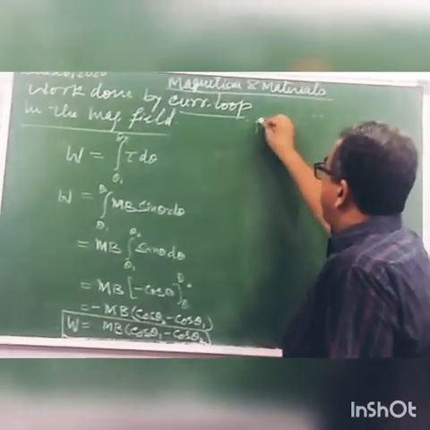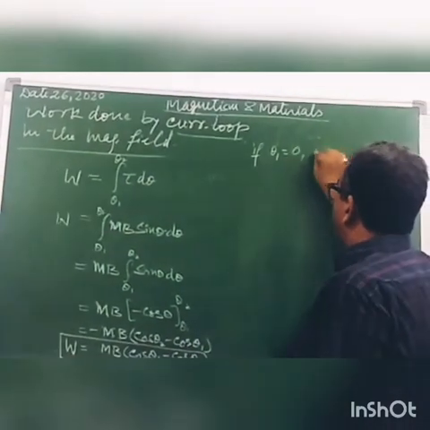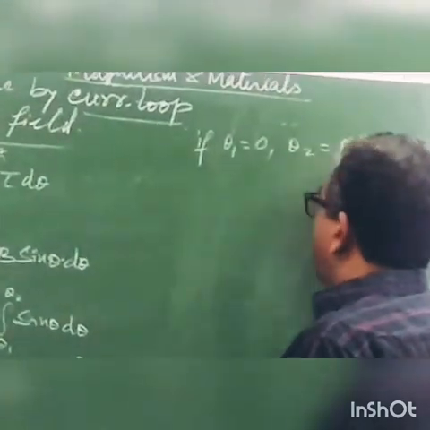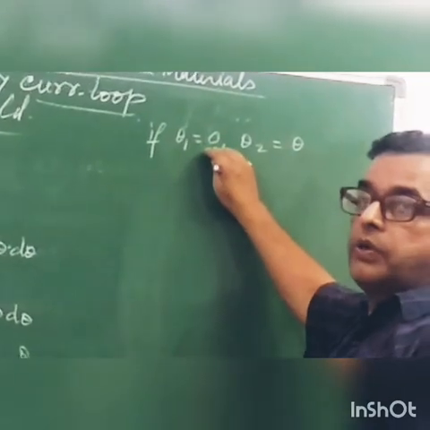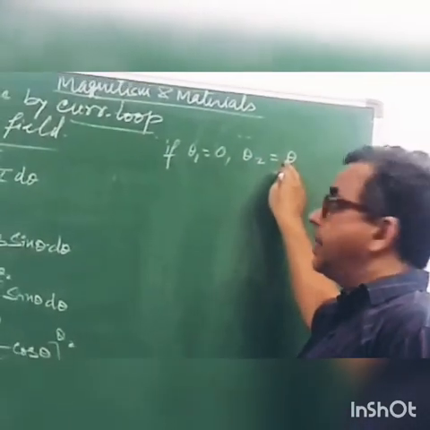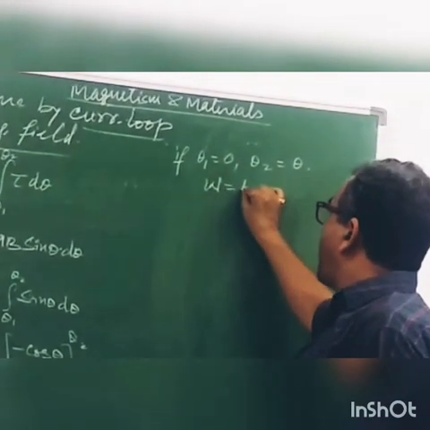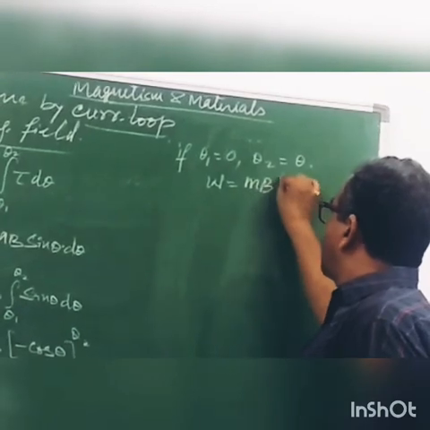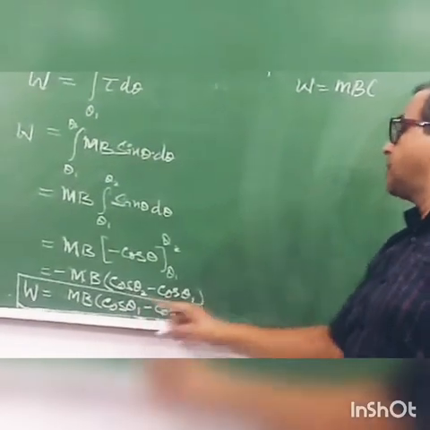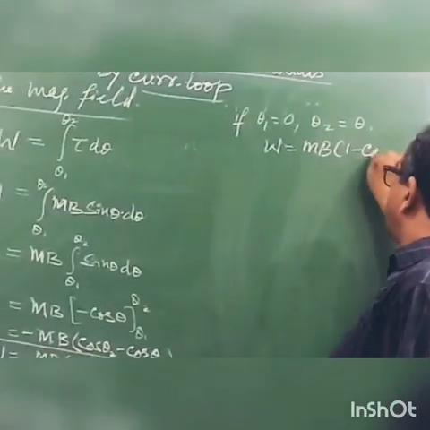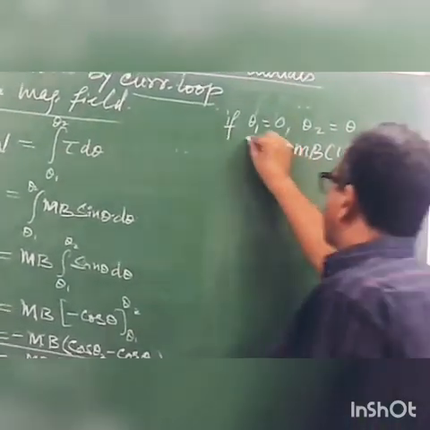If theta 1 is 0 and theta 2 is theta, it means the coil rotated from angle 0 to angle theta. So that work done is MB, cos theta 1 is cos 0, which is 1, so it is 1 minus cos theta. This is the work done.